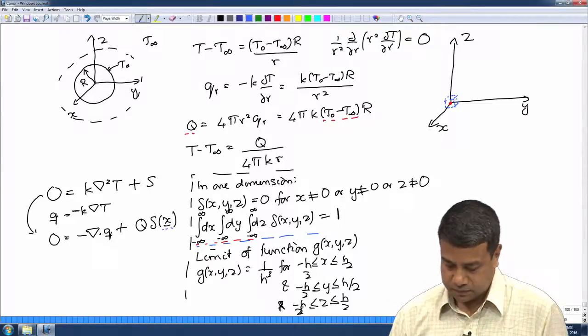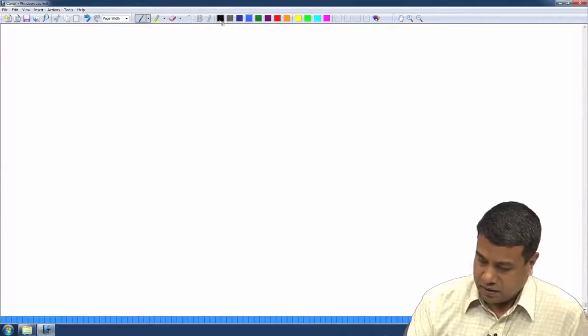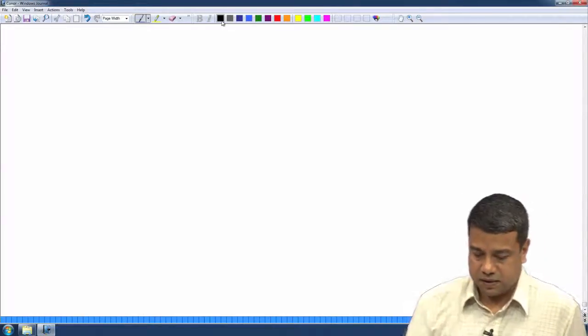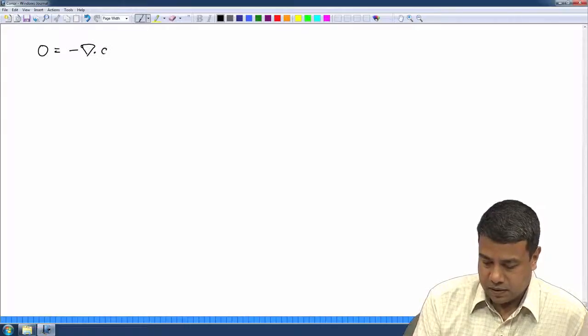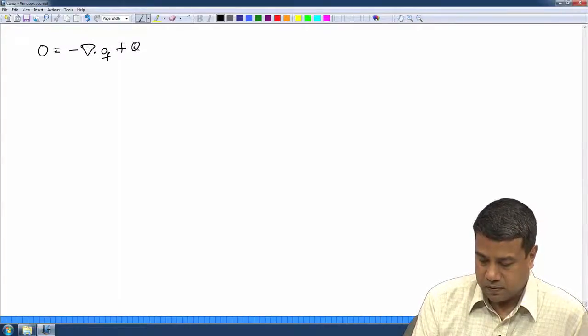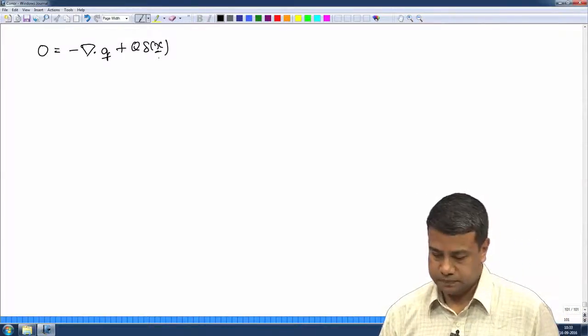So, if we have the heat conduction equation, 0 is equal to minus del dot q, plus q delta of x.